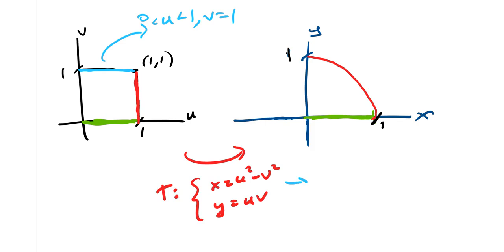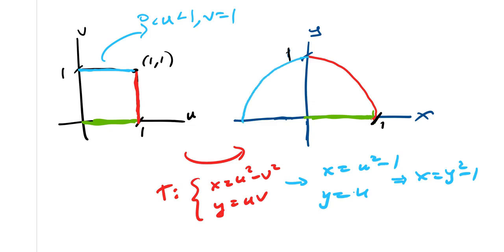So when that's the case, x equals u squared minus 1, and y equals u. Taking these together, you get x equals y squared minus 1. And so that is a parabola that's opening up on the other side, to the right actually. It's that one there. And now let's just finish this out.